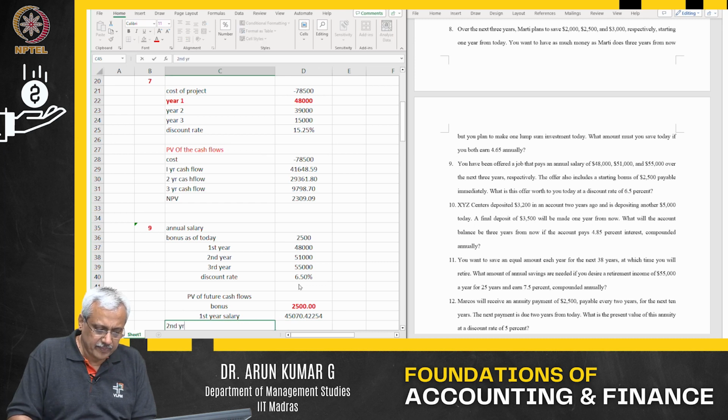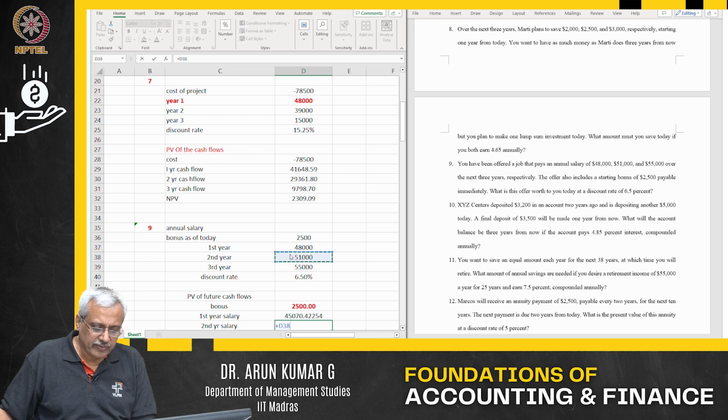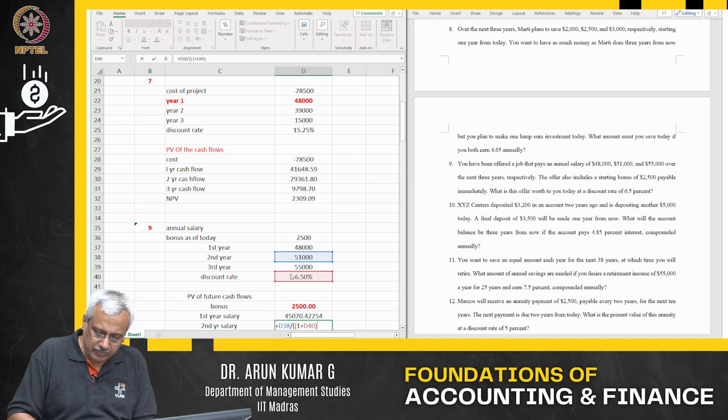Second year salary, it is about 51,000 divided by 1 plus 6.5% to the power of 2, because it is discounted for 2 years.